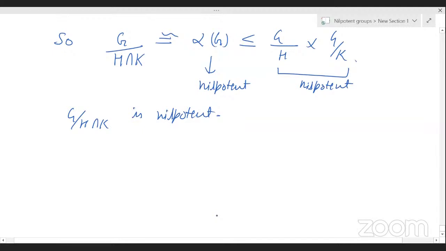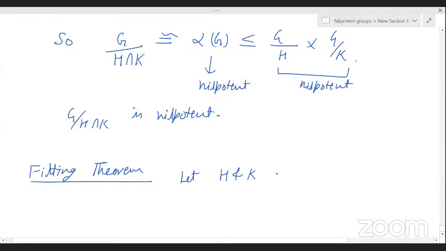Now there is another theorem that is called Fitting's theorem. Let H and K be normal subgroups of G. G is a group and H and K both are normal subgroups of G, and both are nilpotent also.